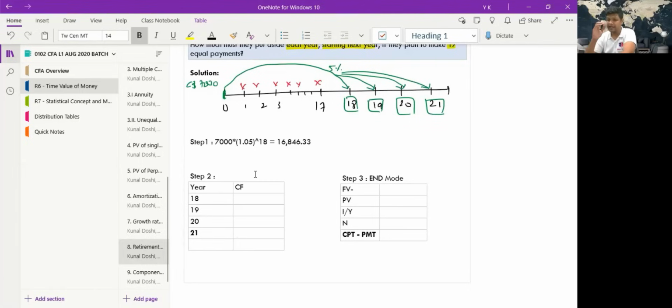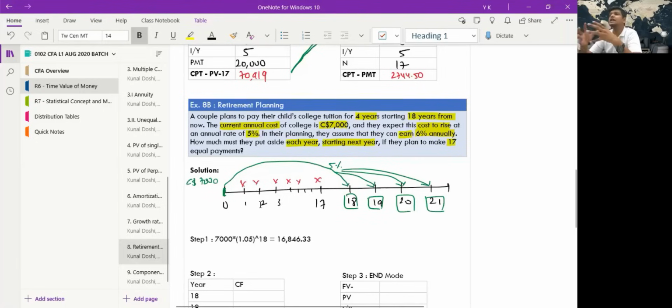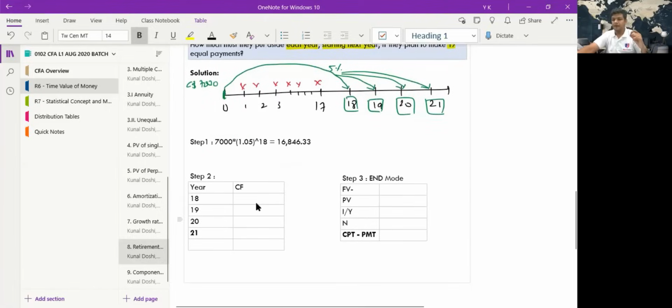Beginning or at the end? Beginning. Just watch the question carefully. If it was beginning, then I would have done 17 years, right? And if you read the question at the start, a couple plans to pay their child's college tuition fee for 4 years, starting 18 years from now. So after 18 years. Okay. So the cash flow at the end of the 18th year that I will be required to pay is 16,846.33. Am I correct?